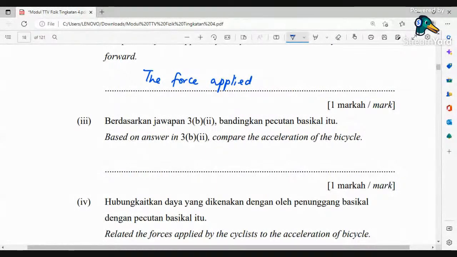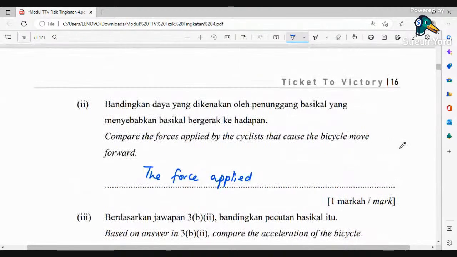Okay, above saya start dengan 5.1. So below also semua start dengan 5.1. The force applied in 5.1 is larger than in 5.2. Sebab short time taken maksudnya move faster.